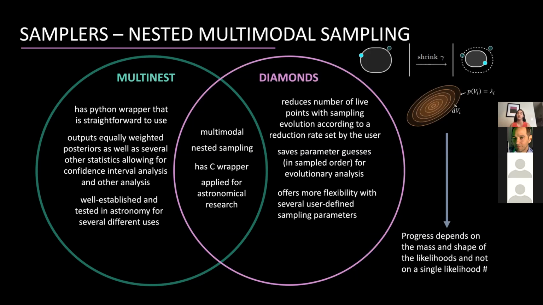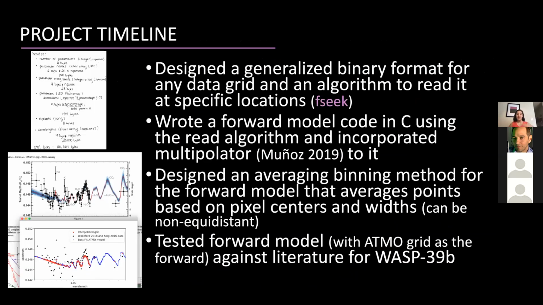So a little bit about my project timeline as a whole, because I'm speaking about a lot of general ideas, but definitely there's a lot of work that goes into these general ideas. First of all, I worked on designing a generalized binary format for any data grid and an algorithm that can read a specific spectra or parameter combinations at a specific location.